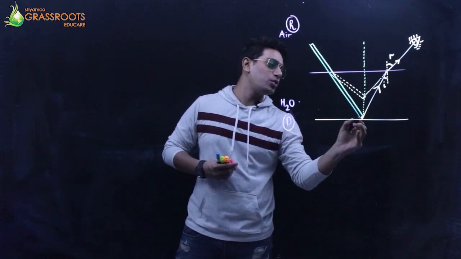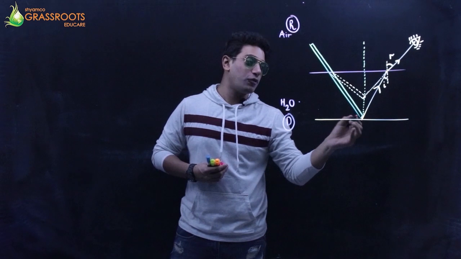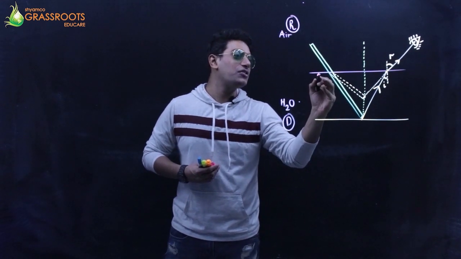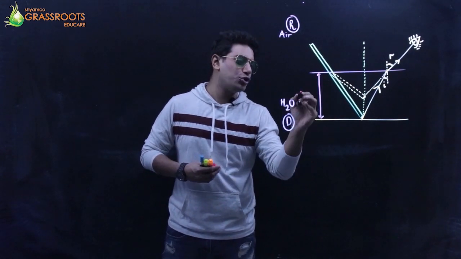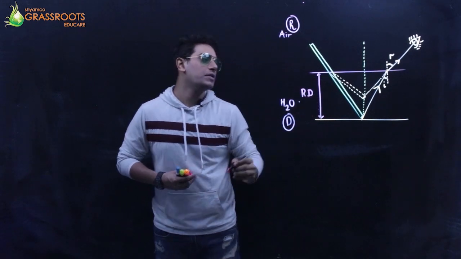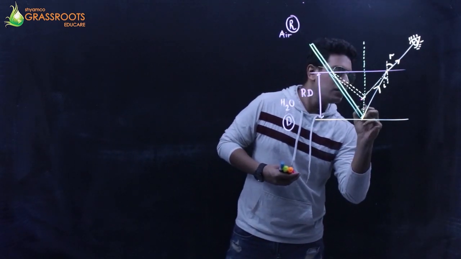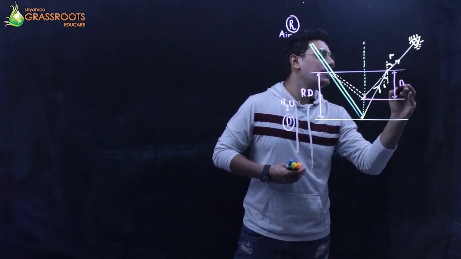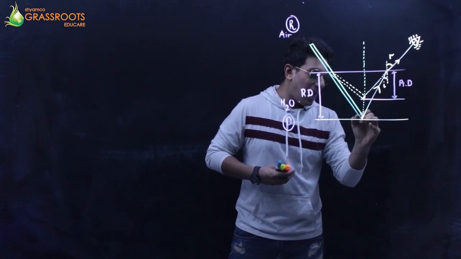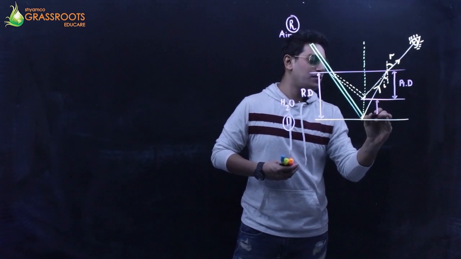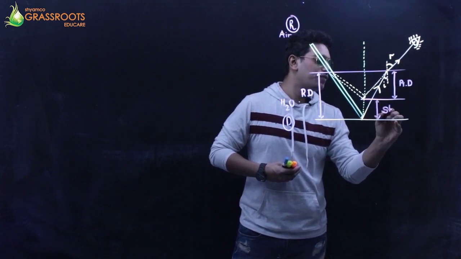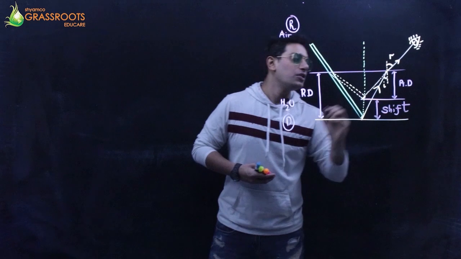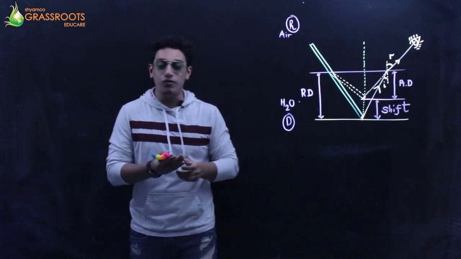So I can say, students, from the bottom, we call it as a real depth, the actual depth, RD. But I feel that the stick is out here. This is called the apparent depth. And this much portion has risen, and that is called a shift. So from here, we can make out a formula.